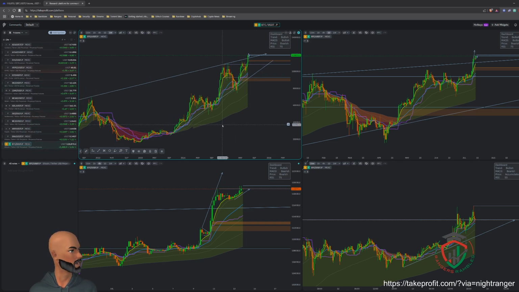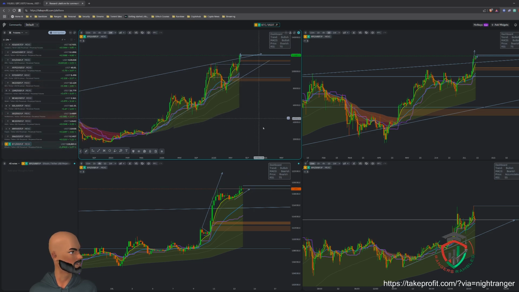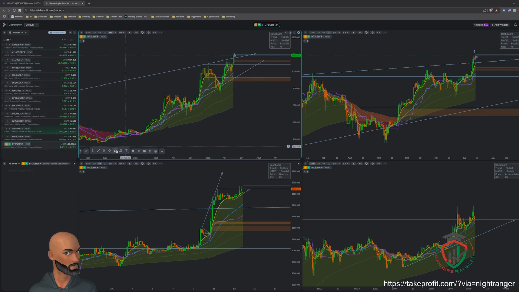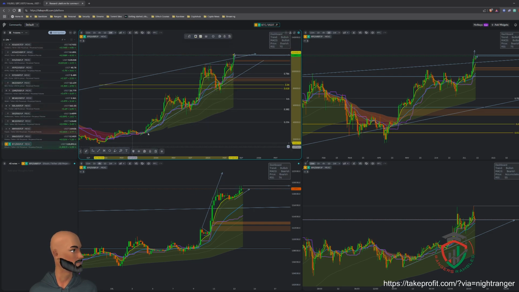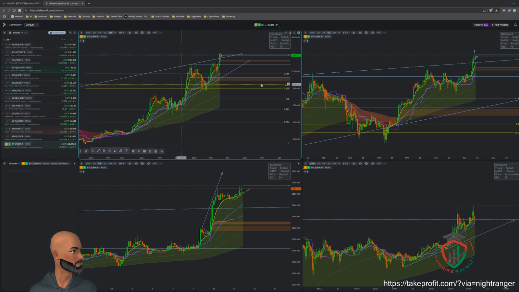Right. So far, let's have a look. I've been saying for a while we're going to see probably between 126 and 146. The weekly hasn't closed yet, but we could kind of draw that.